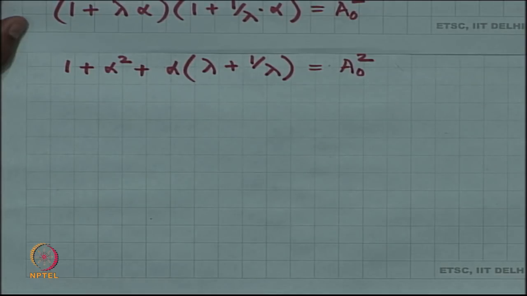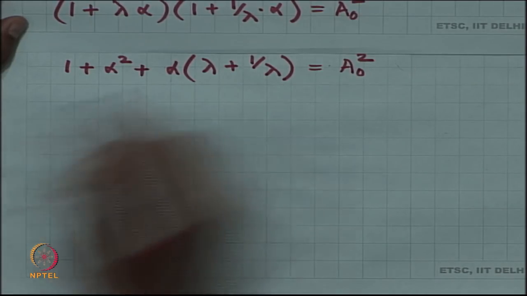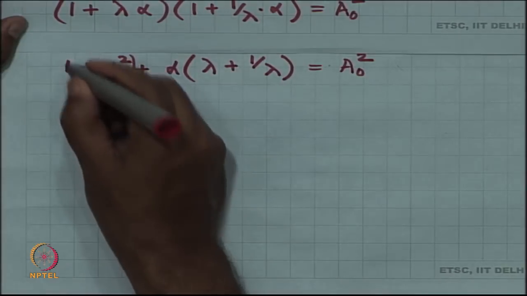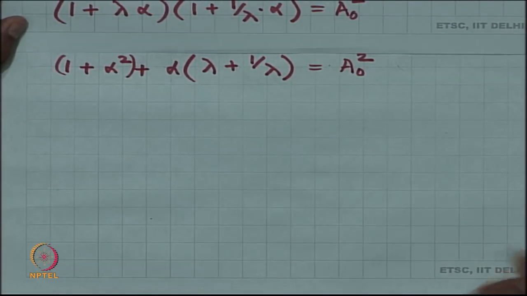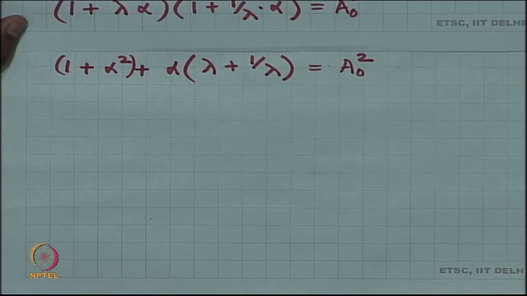Fine. And if you want to solve for lambda, I think what you have to do is first take a naught squared to this one side and then multiply the entire result by lambda and then solve a quadratic equation.